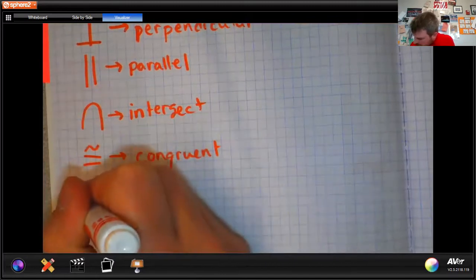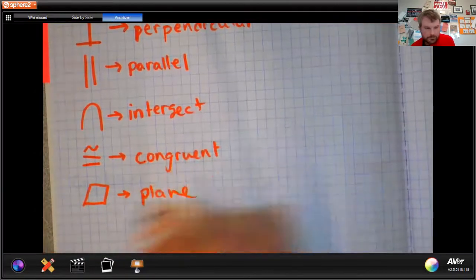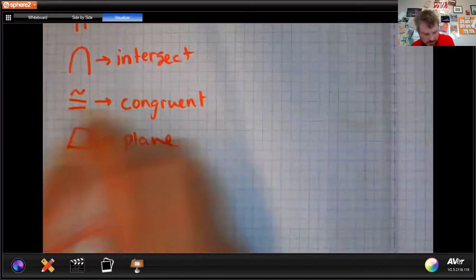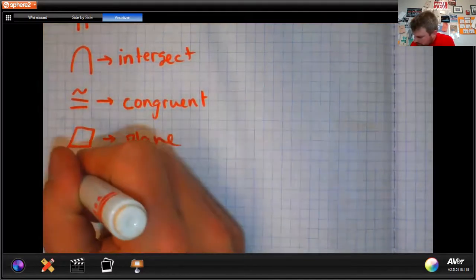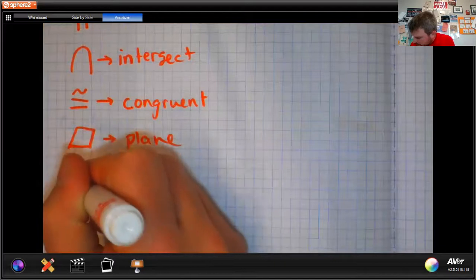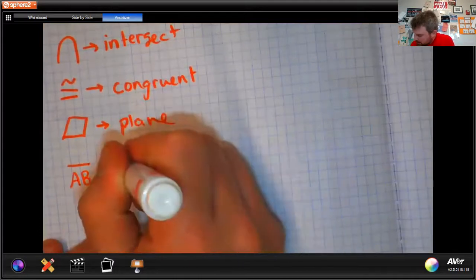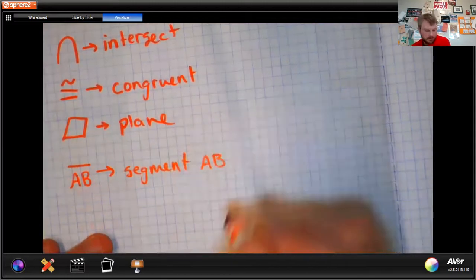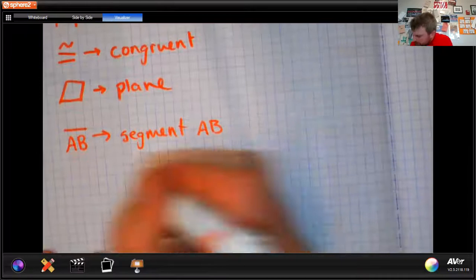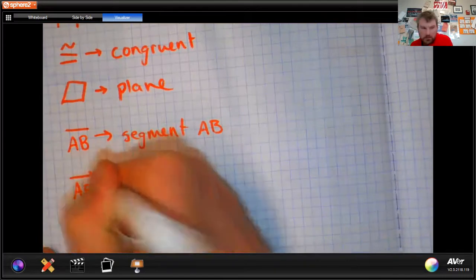We have this one, which is plane. And there'll be some letters after that. I'll go through and do an example notation of each one. The next one would be written like that with a little segment above it, and that's what it means, segment AB in that case. We can put a little ray above that one.